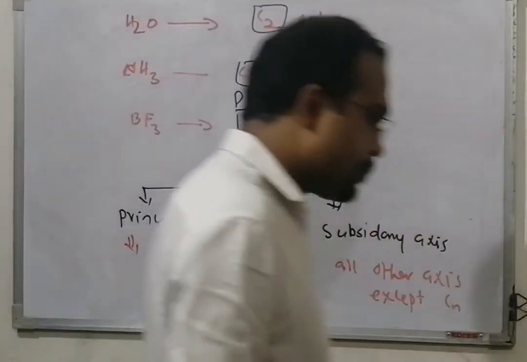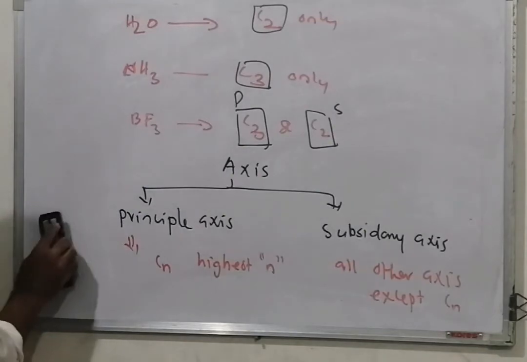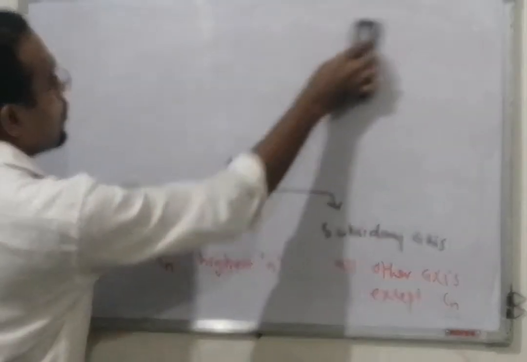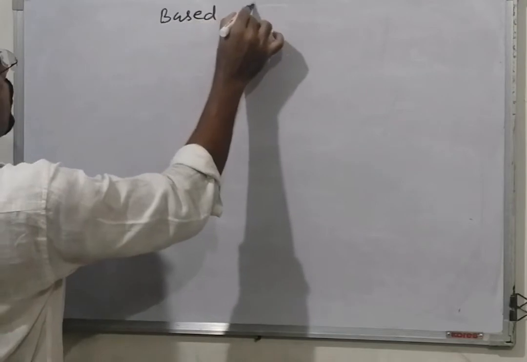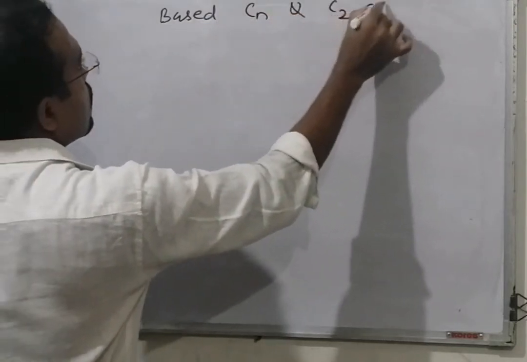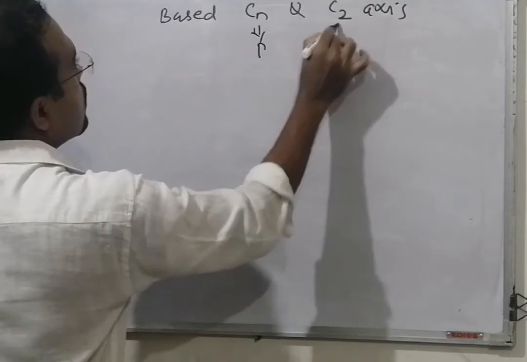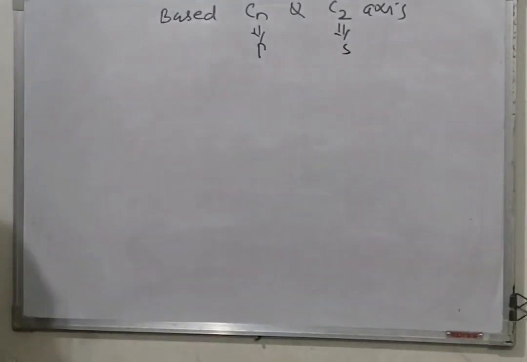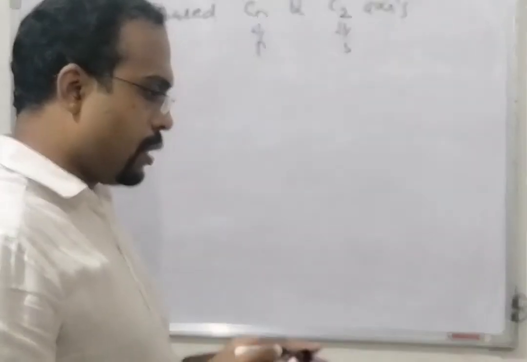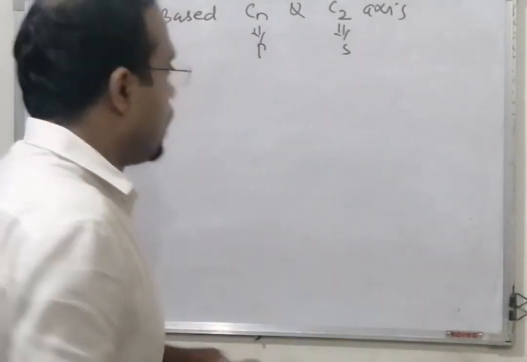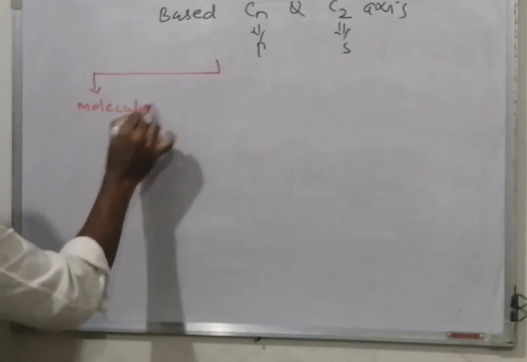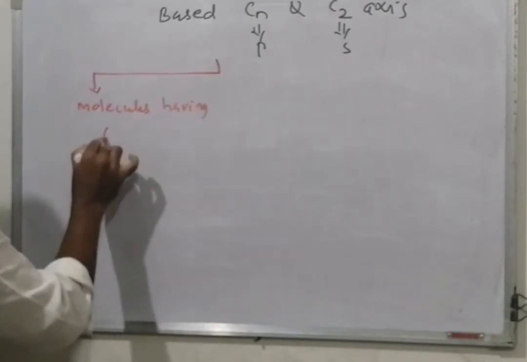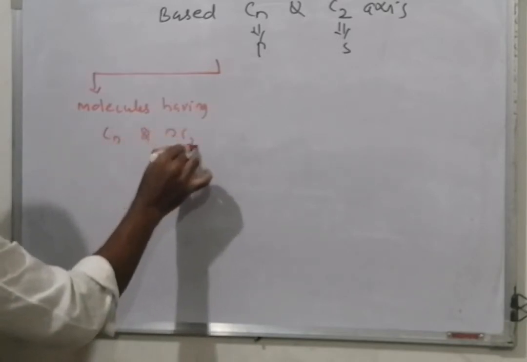Okay? Therefore, a molecule having more than one type of axis has principal and subsidiary axes. The next classification is very important, again based on Cn and C2 axis. This is principal, these are subsidiary. The next classification: molecules having Cn and n number of C2.